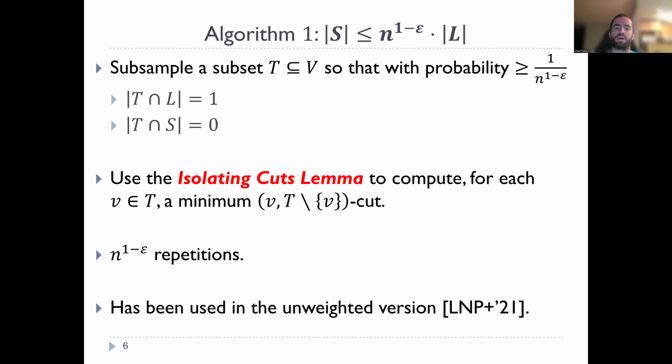Now, since no terminal was chosen from S, one of those isolating cuts will be the global minimum cut, and we'll be able to answer correctly after n^(1-epsilon) repetitions.